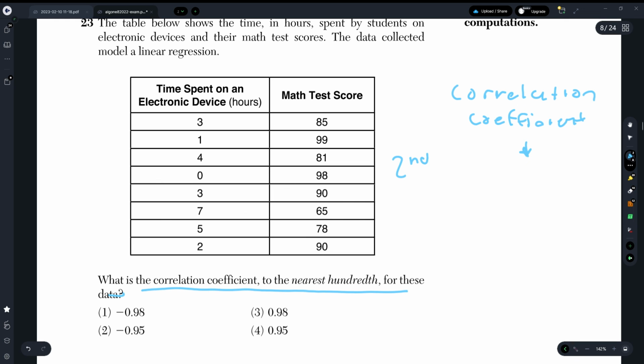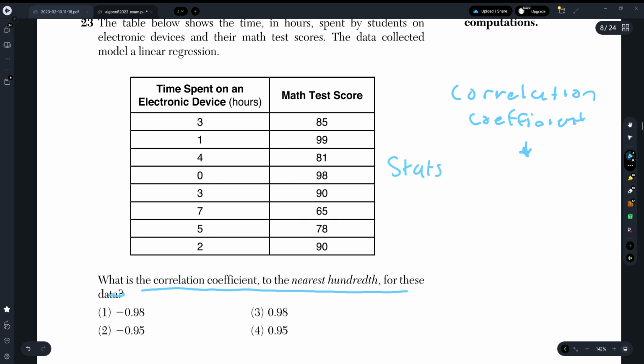So you press second. Oh, sorry, no. Oops. Anyways, what you would do is press stats.